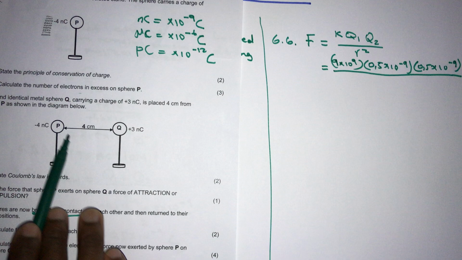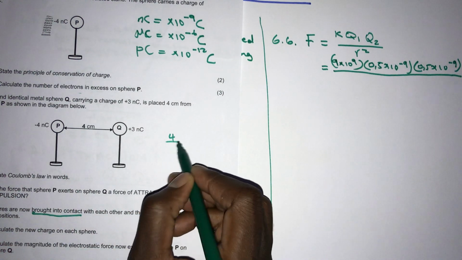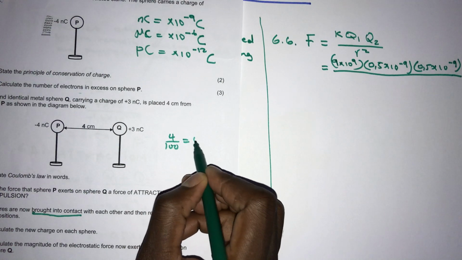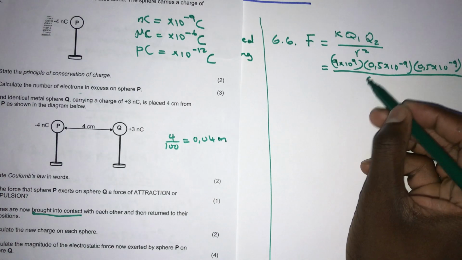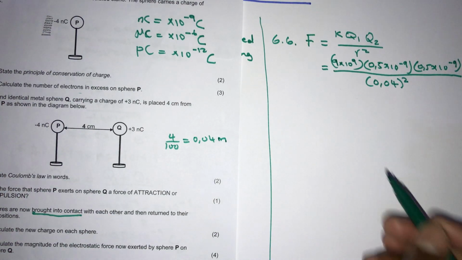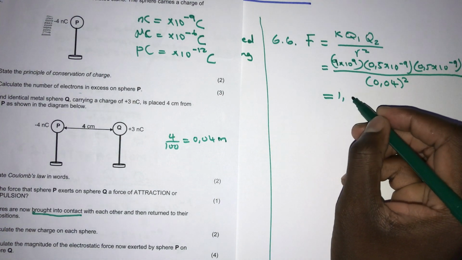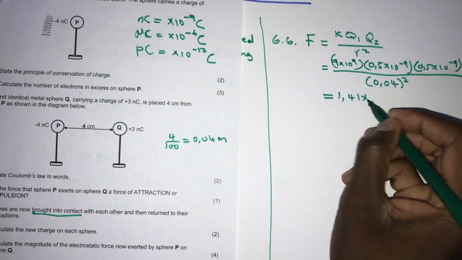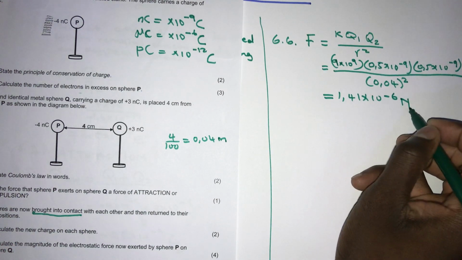The distance is 4 centimeters. Centimeters to meters is 4 divided by 100, which gives us 0.04 meters. So here is 0.04 meters squared. So the answer is going to be 1.41 times 10 to the negative 6 Newton.